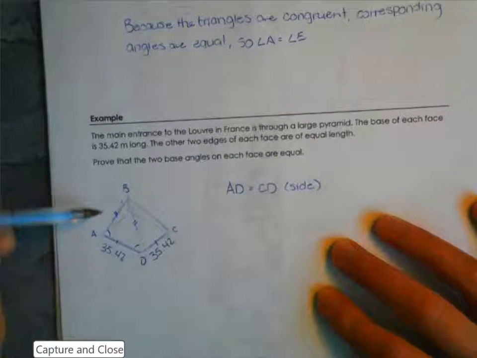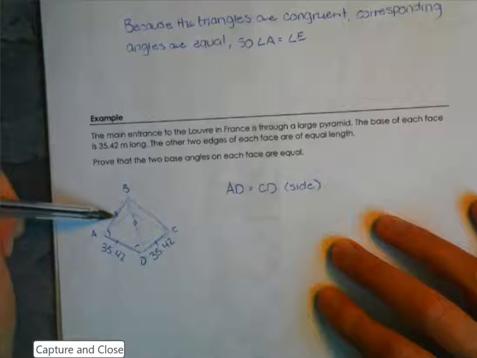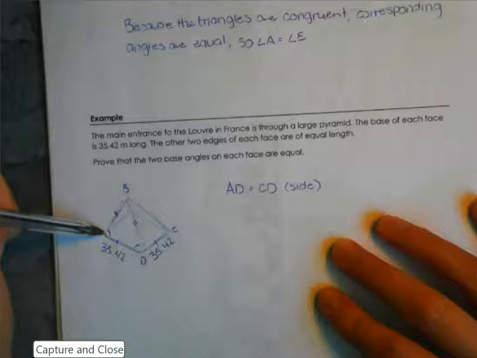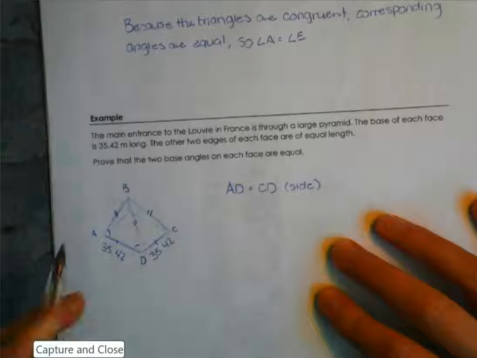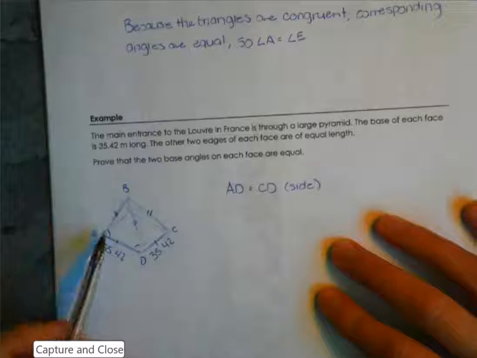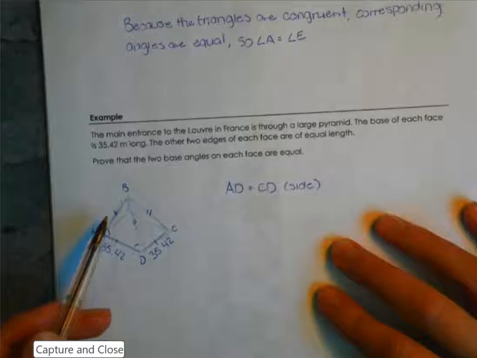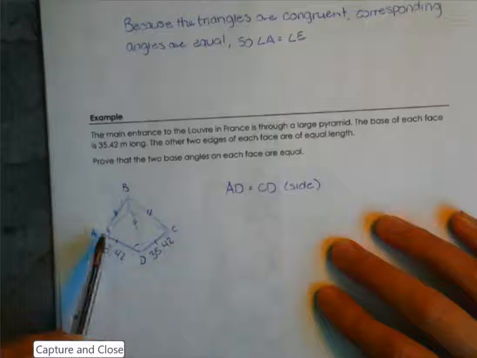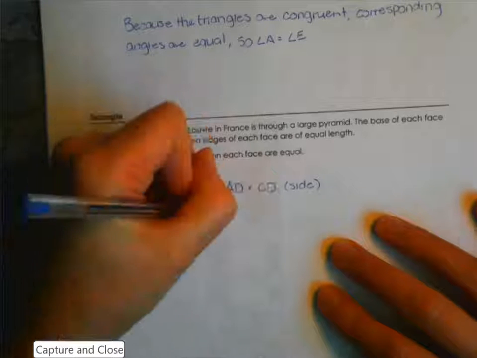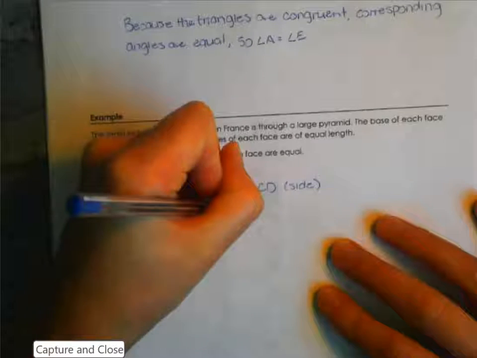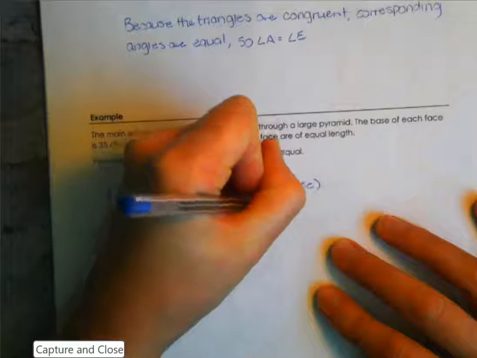Now the other thing that we were given is that all of these sides here are going to be the same. So I could put one here as well. Comparing these different triangles, I could say side AB is going to be equal to side CB.